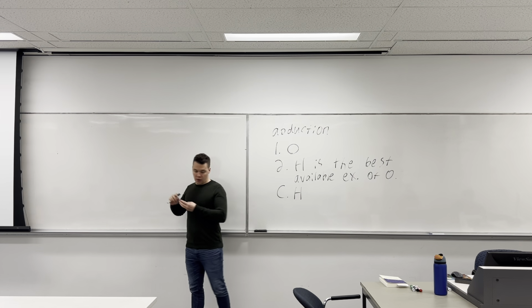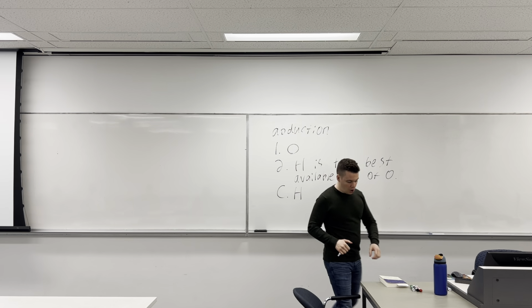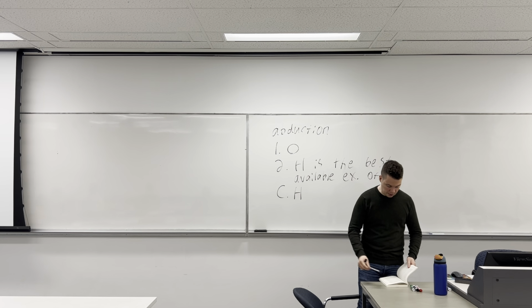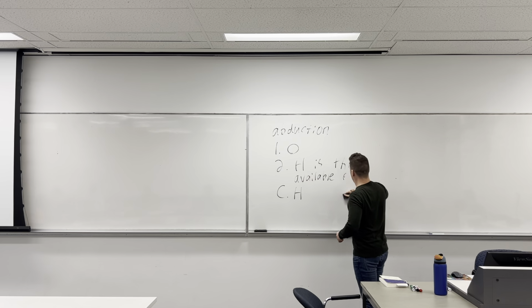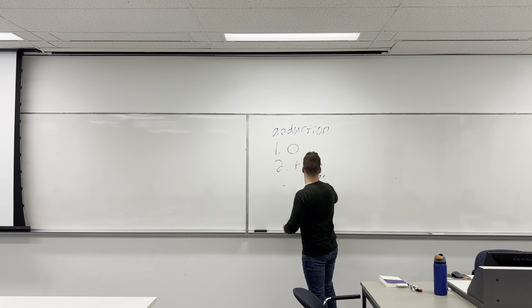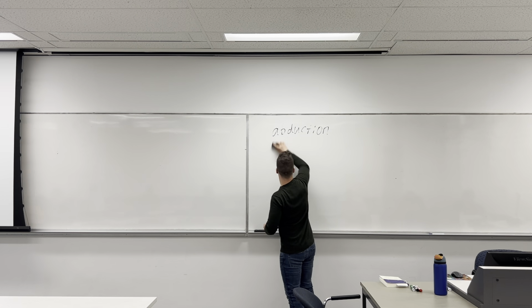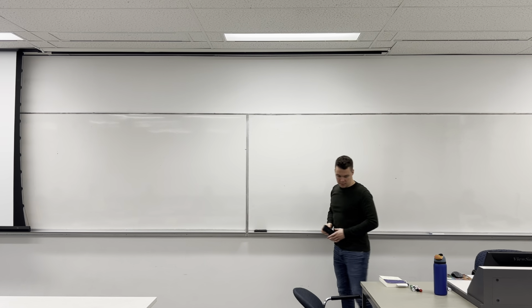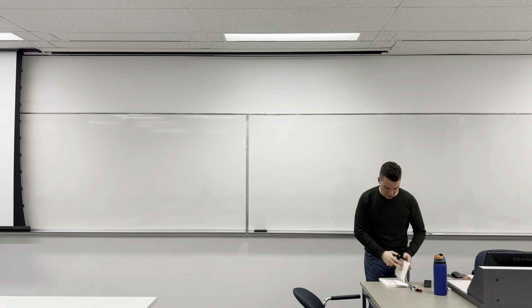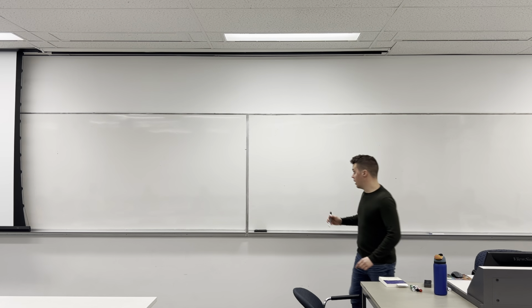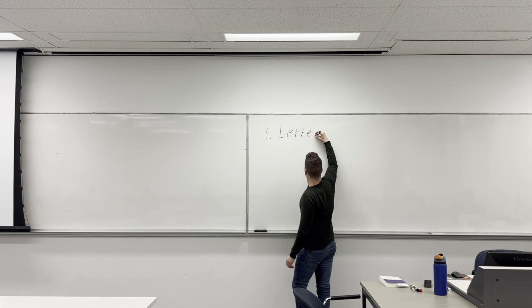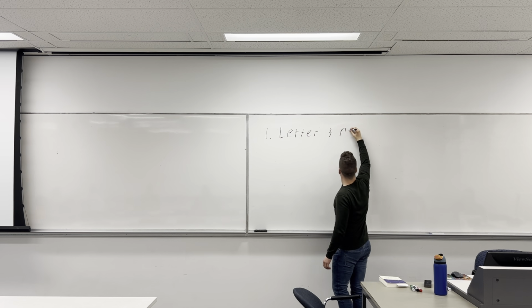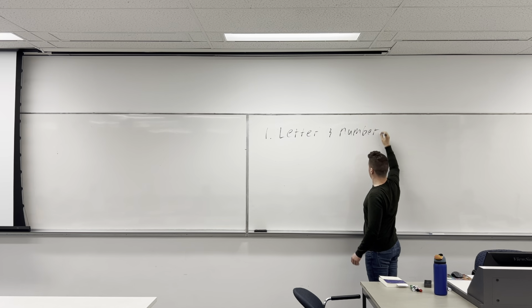So you're supposed to imagine 4 cards, and each of them has a letter on one side and a number on the other side. So that you know: rule number 1 is every card has a letter and a number on opposite sides.